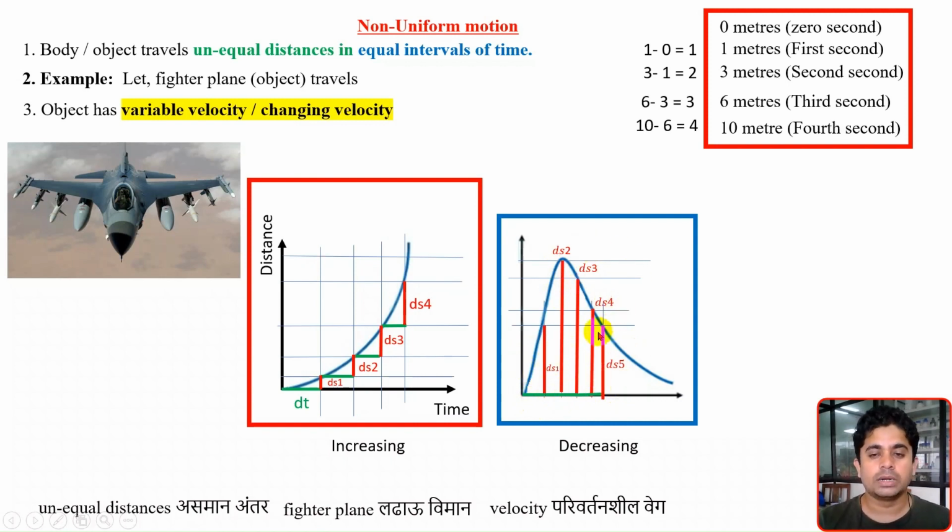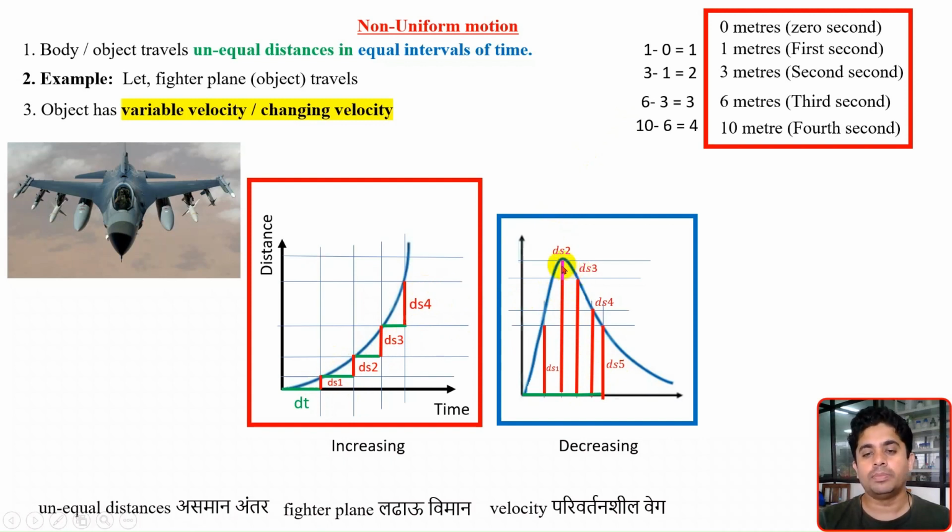So you can see here, ds1, ds2, ds3, ds4, ds5, if you look at the behavior of the displacement, after ds2 the displacement values are decreasing. Here they are increasing, so 1, 2, 3, 4, if I see, they are in increasing order.